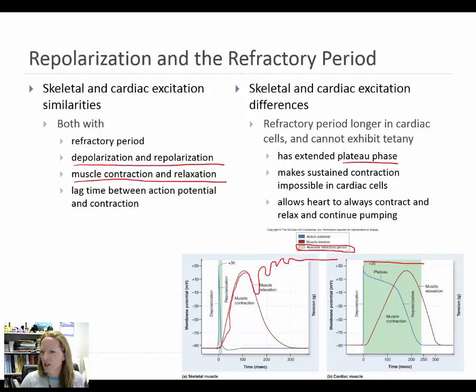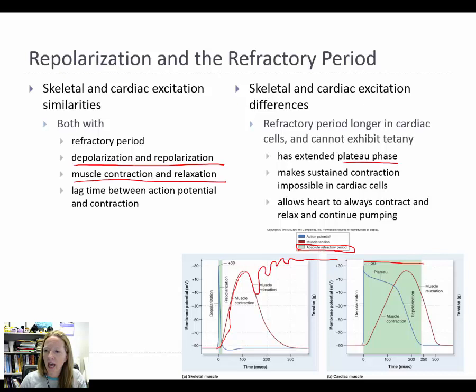So that is going to make sure that the heart contracts and completely relaxes after that. In the refractory period, you cannot have any stimulus coming in and stimulating this muscle to contract again. So it gives it a really long refractory period, allows it to relax completely, and then it can go in and contract.